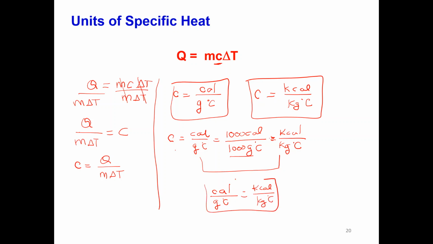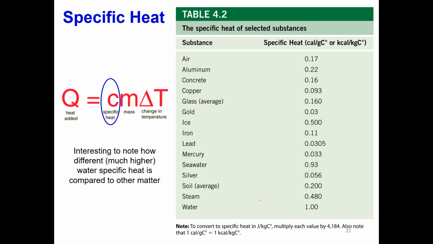These two are the same unit. If we have calories per gram per degree Celsius, it is the same as kilocalories over kilograms per degree Celsius. And this is why here we have the same units. It is the same value in this unit or in this unit.